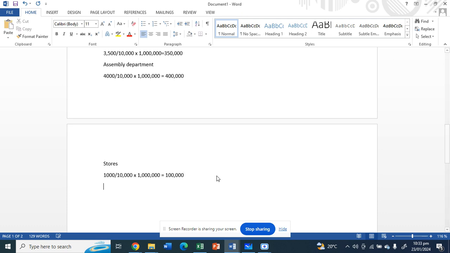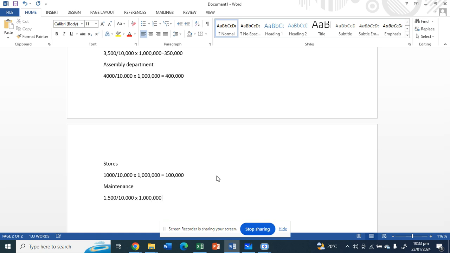Then maintenance: 1,500 divided by 10,000 times 1 million. That gives us 150,000.